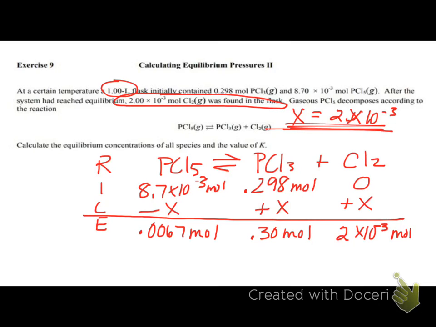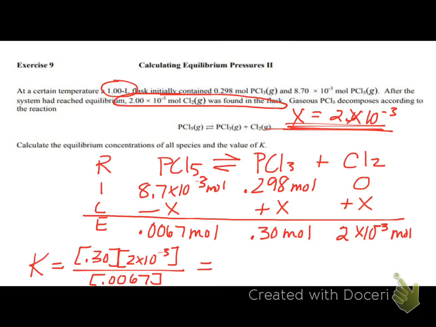So it wants me to calculate the equilibrium constant. So now I plug it in for K. Okay? So now I'm going to say we have 0.3 times 2 times 10 to the negative 3, and then divided by 0.0067.